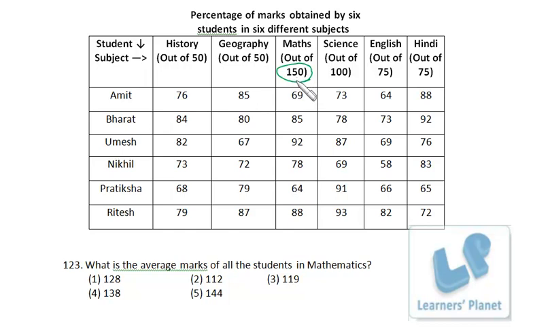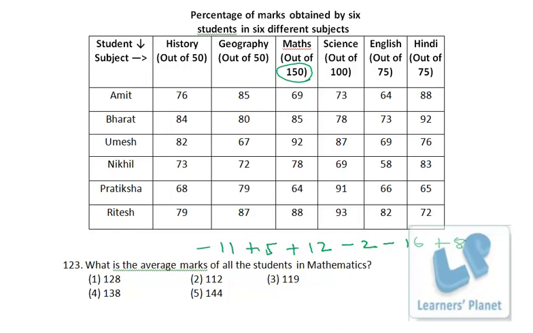Base is same, that's why the average percentage can be calculated by the average of these data, right? So again, I'm assuming the average to be 80 and just see the deviation. So it is minus 11 plus 5 plus 12 minus 2 minus 16 plus 8.